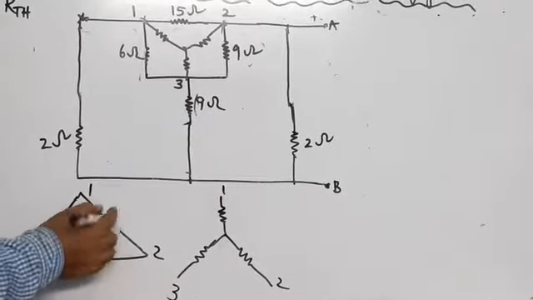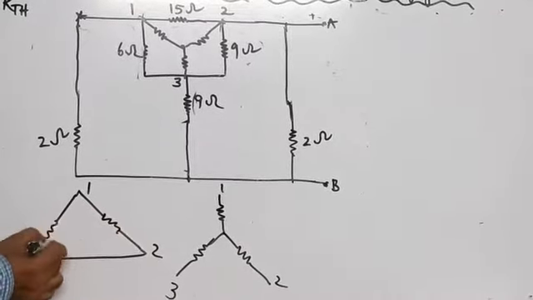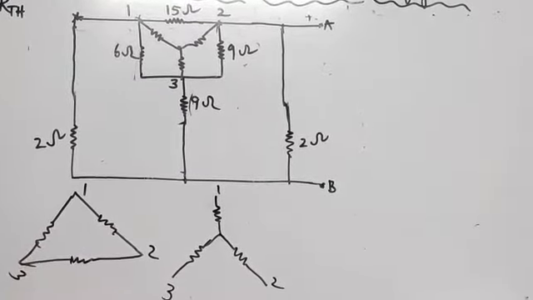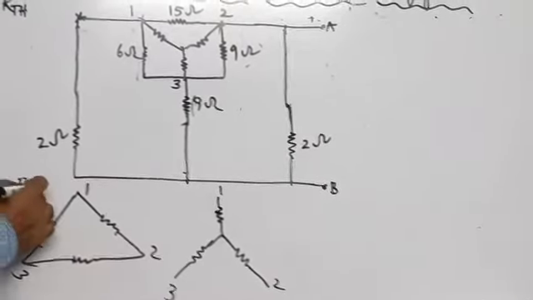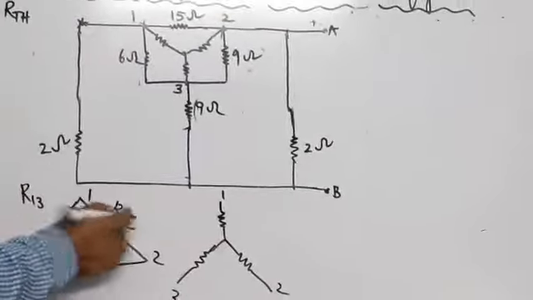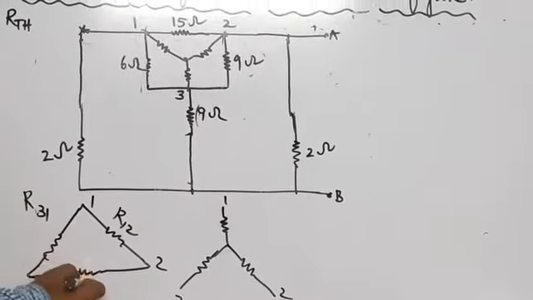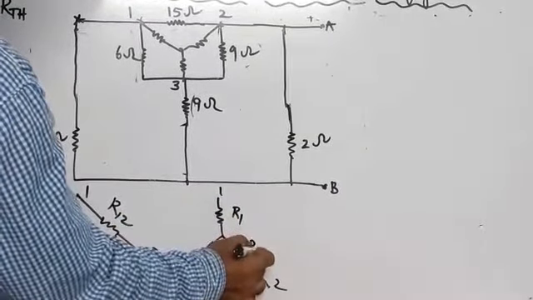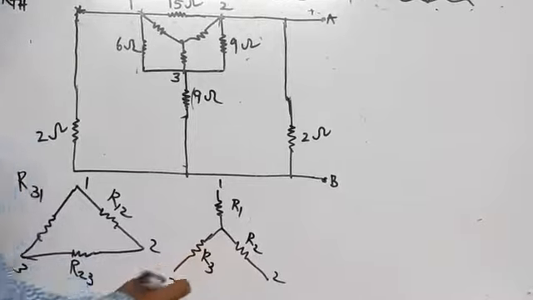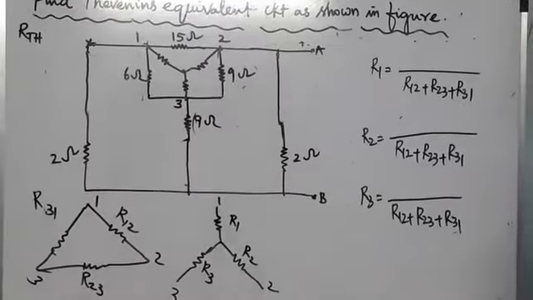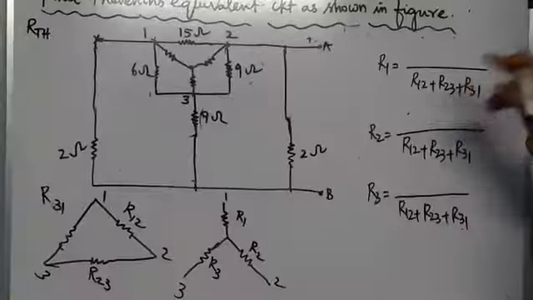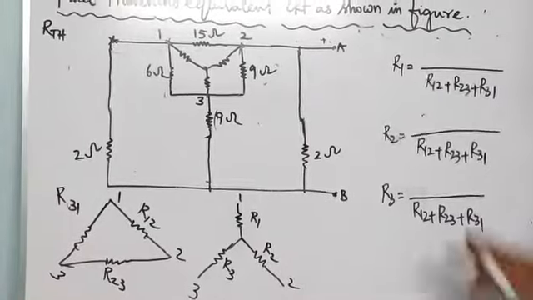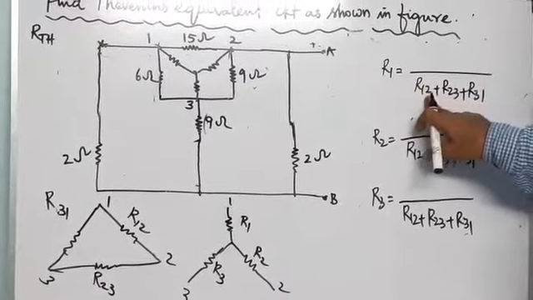Here resistance R12, R13 or R31, both are the same, and R23. In the star there is only a single number, R1, R2, R3. Now remember, we are converting delta into star connection. In star connection there is only a single number, in delta two numbers.